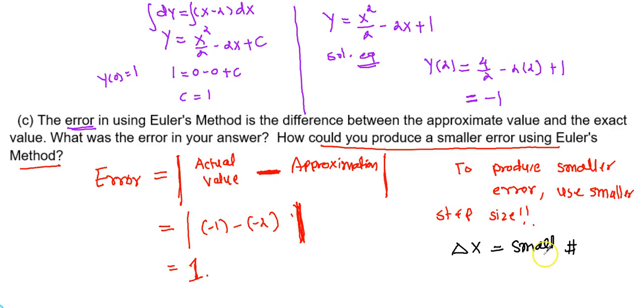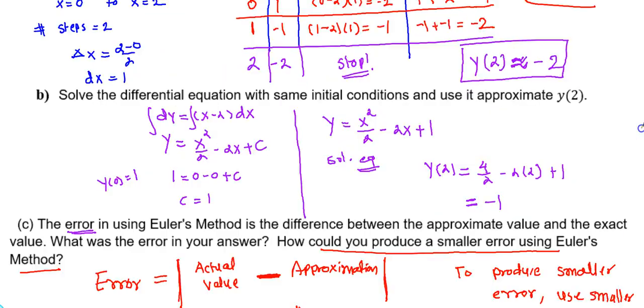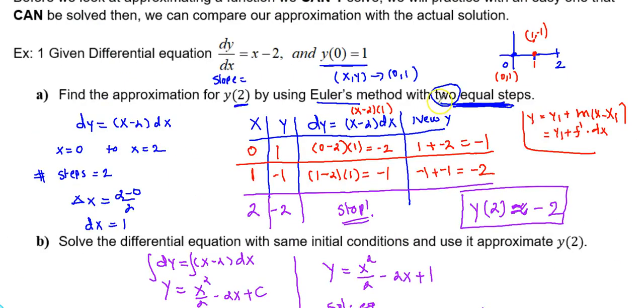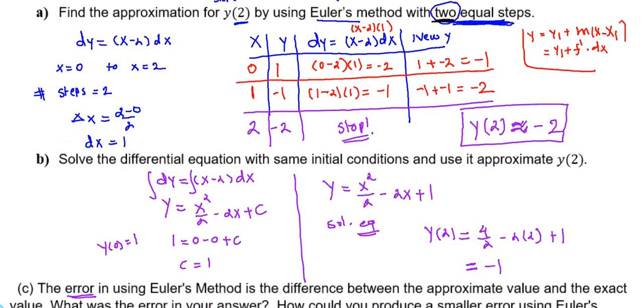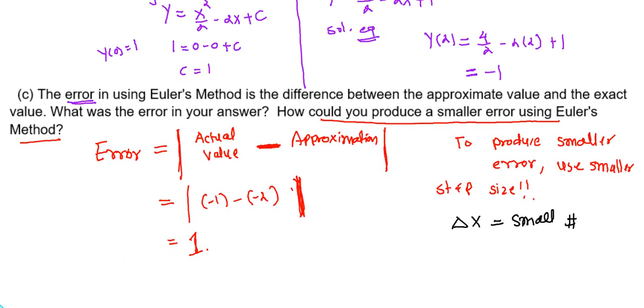Then if you take smaller steps, of course you will have to take so many steps to go to the 2. You start at 0, you go to the 2. In this case, we took 2 steps. So usually they tell you how many steps to take. If we have to take 2 steps, then of course the step size is 1, but then we have a huge error. So how do we get a smaller error? Smaller error means take a smaller step size, then you will have a better approximation.